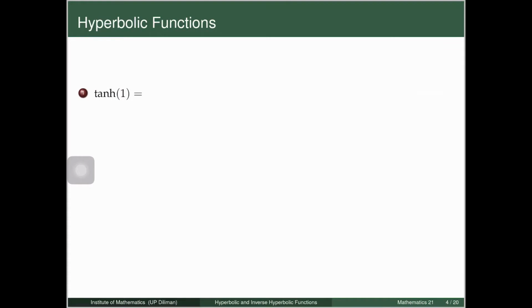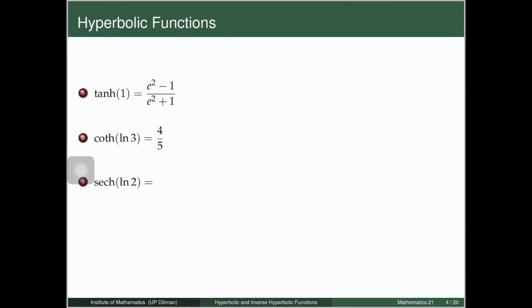Try natin mag-evaluate ng expression na meron nitong mga to. So tanh 1. So sana pakialala yung ating formula. So pag sinalpak mo at i-simplify, you get e squared minus 1 over e squared plus 1. Coth of ln 3. Mga ilang segundo natin gawin. Ang final answer should be 4 over 5.